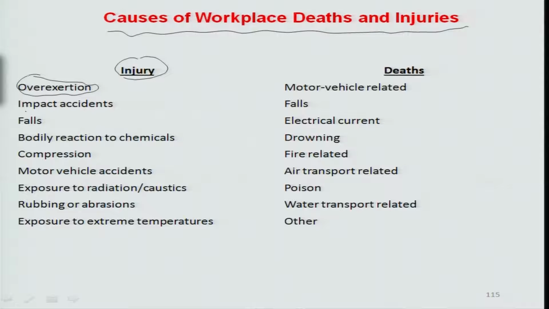It could be because of impact accidents, it could be because of falls from tall structures, it could be because some chemicals may react with the body, which is true for those people who are working in hazardous chemical environments. It could be due to compression, it could be due to motor vehicle accidents, it could also be due to exposure to radiations and caustics. This is a major problem in the nuclear industry.